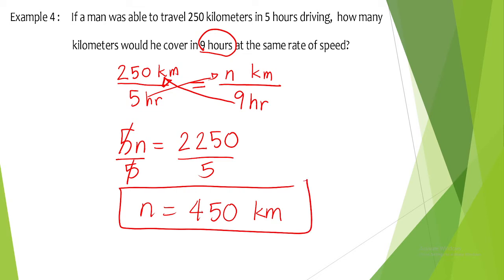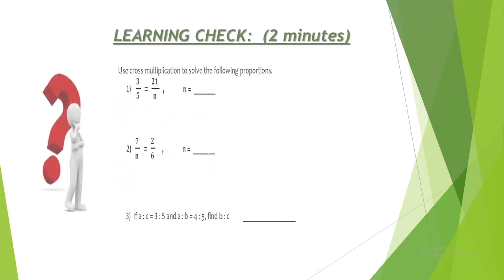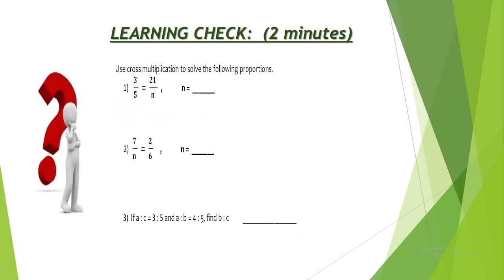That is the answer to example number 4: 450 kilometers. Okay? Let's proceed. Here, let's have this problem. Let's cross-multiply, it becomes 3n. What is 21 times 5? 105.